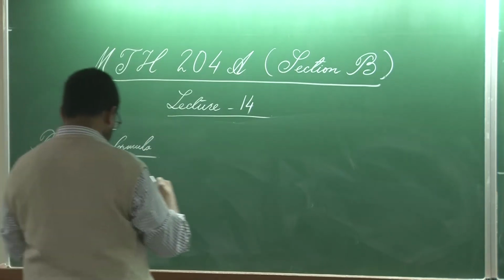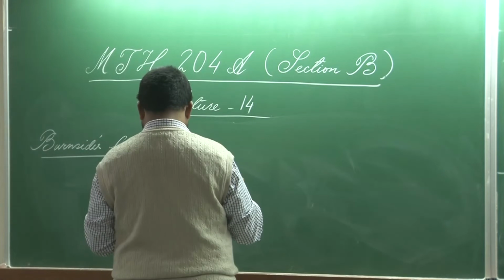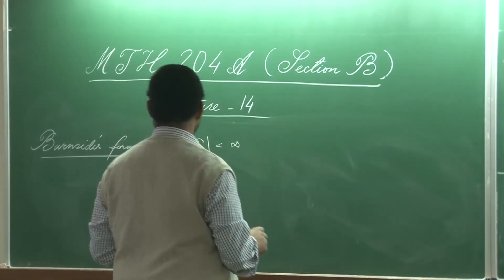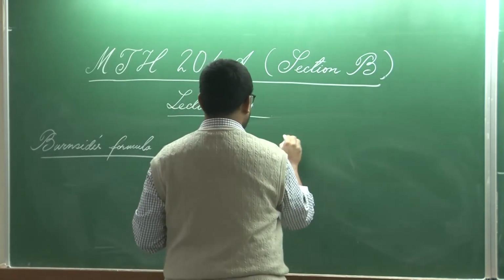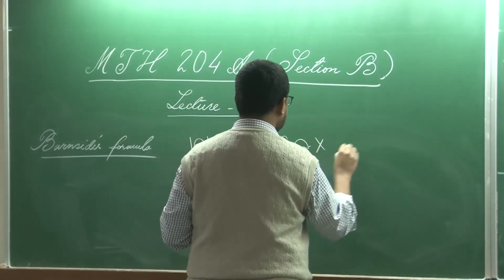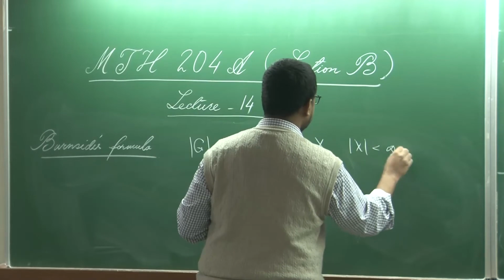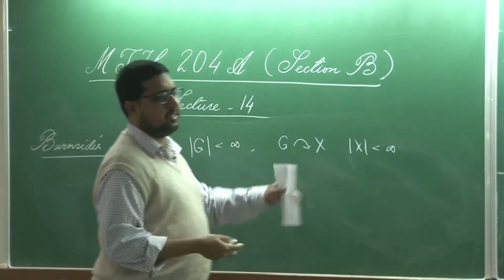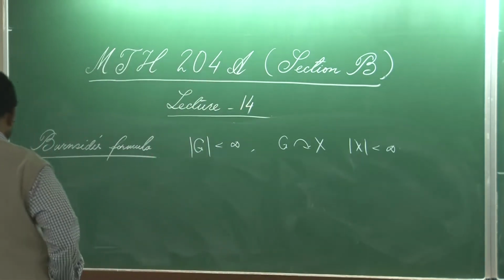Let us consider a finite group G acting on a set X, where X is also finite. So this is just a count. Burnside's formula is about the number of orbits under such an action, so it is a counting formula.